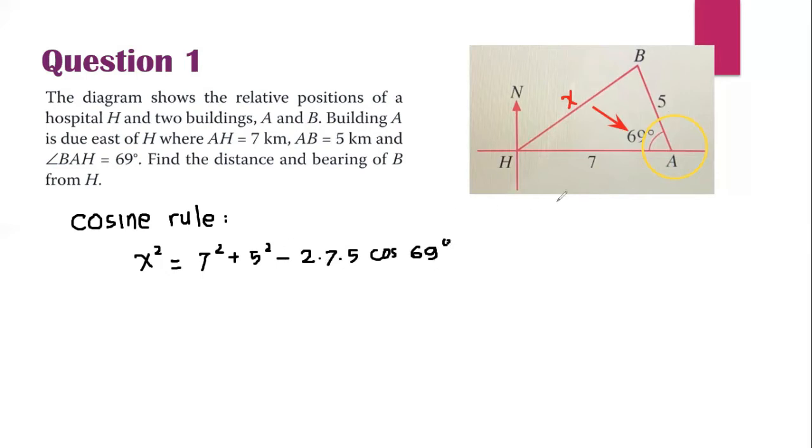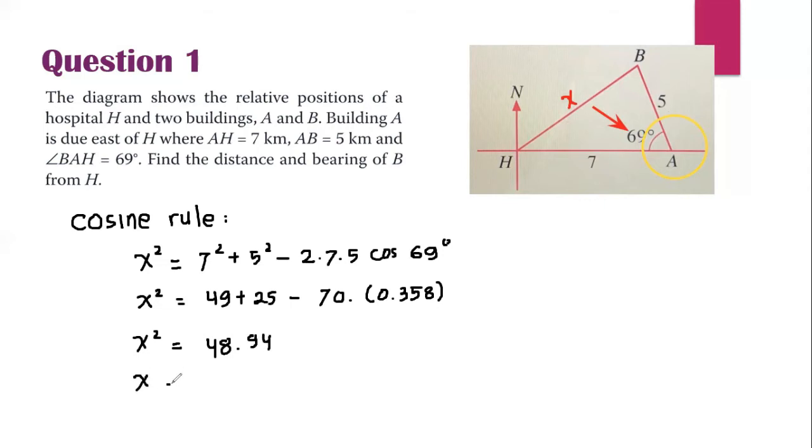So x squared equals 49 plus 25 minus 70, and cosine 69 is 0.358. Okay? So x squared equals 48.94.